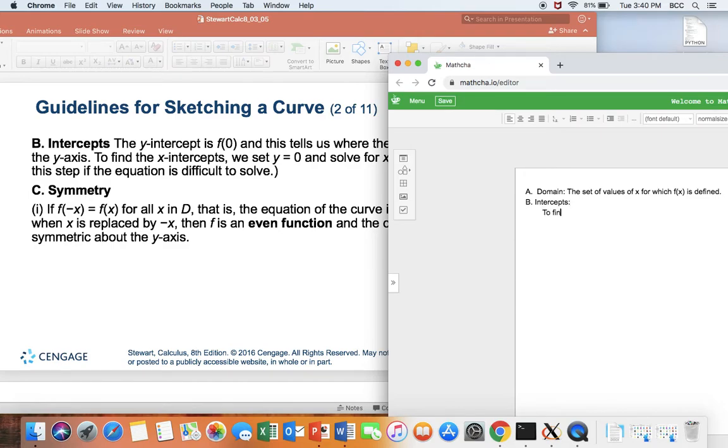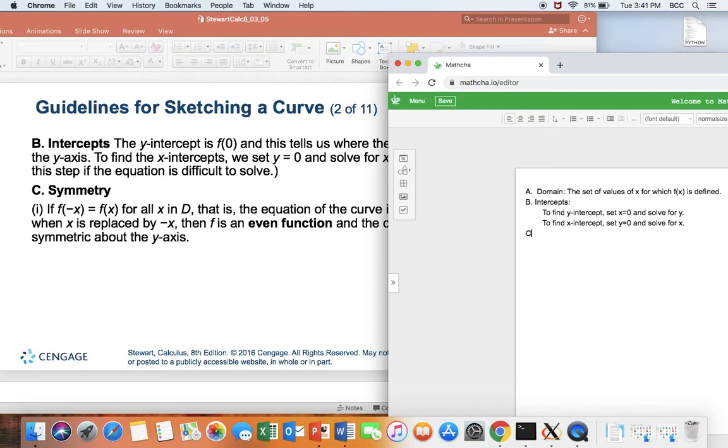To find the y-intercept, you set x to 0 and solve for y. To find the x-intercept, set y to 0 and solve for x.